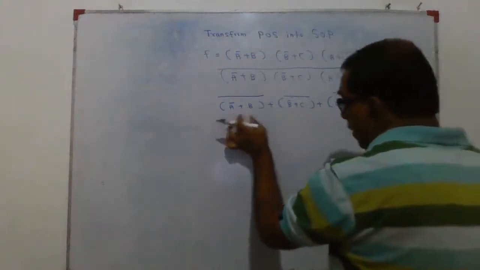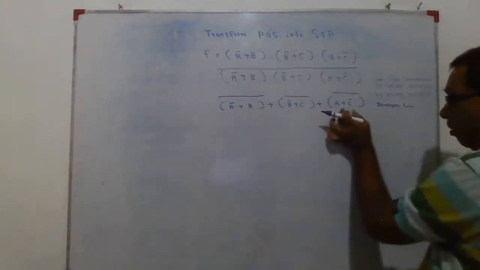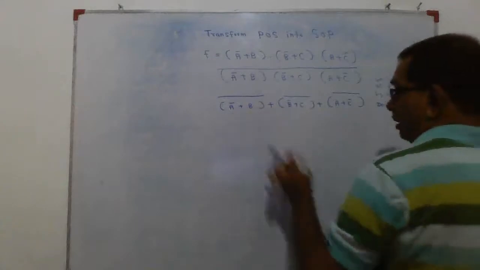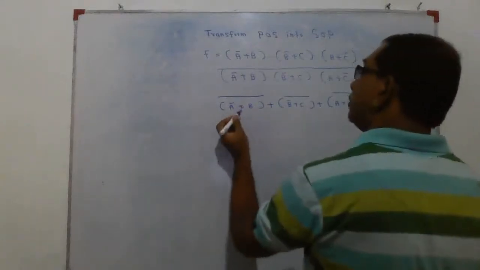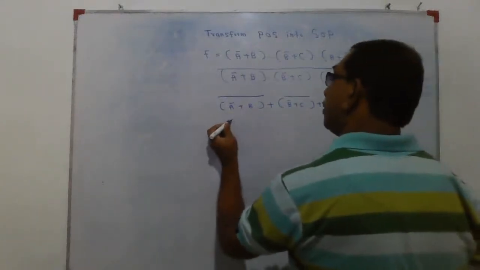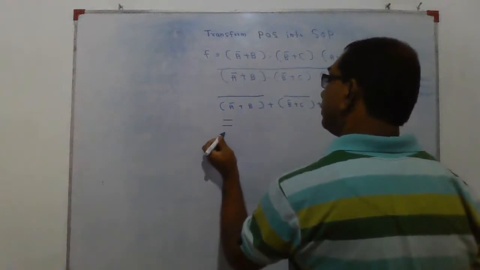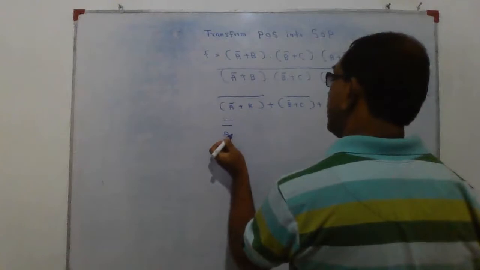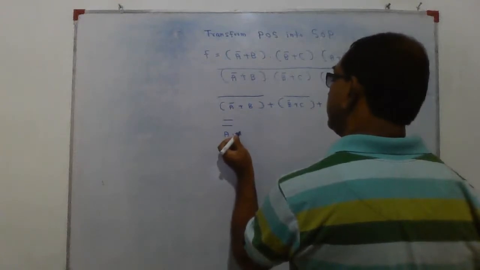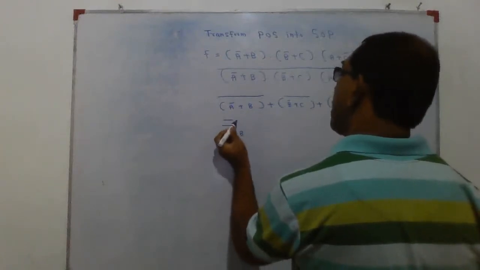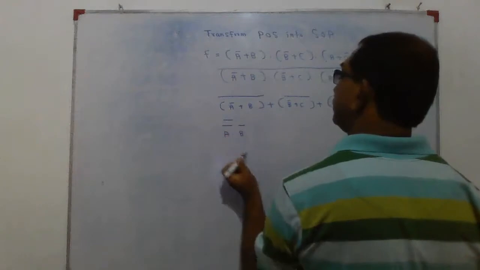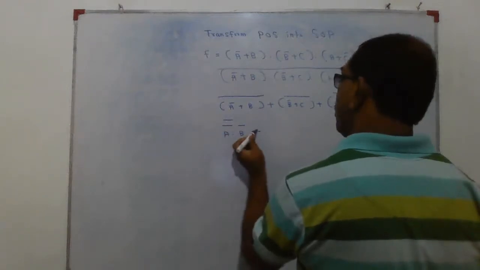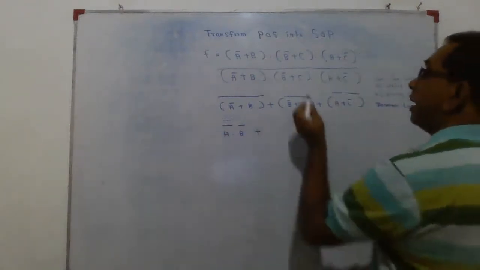Again, now we have changed all the main operators. Again, we can apply De Morgan law within these places. So we are going to apply the De Morgan law. Now it should become A and B here. Then O. We can break it.